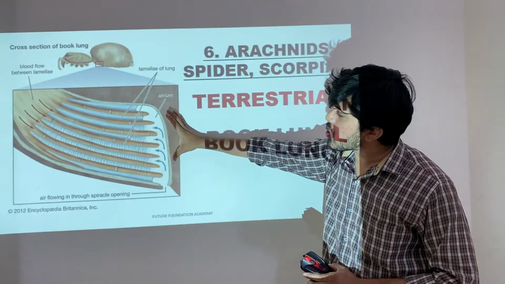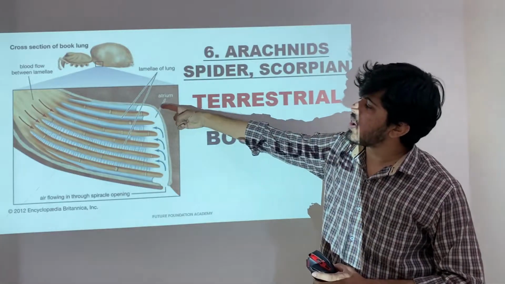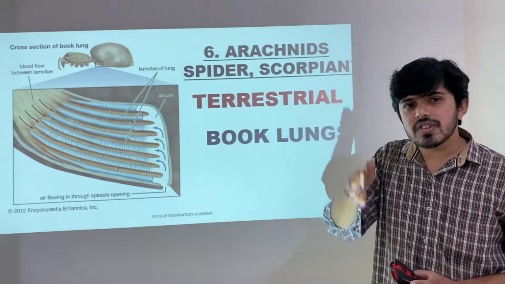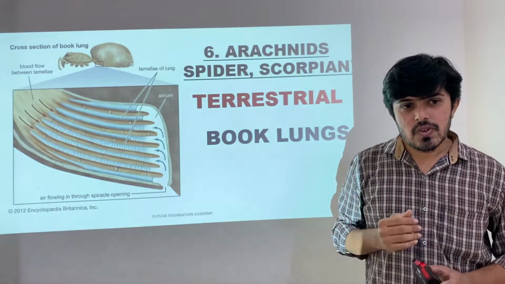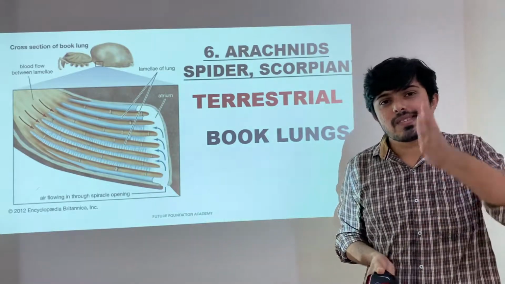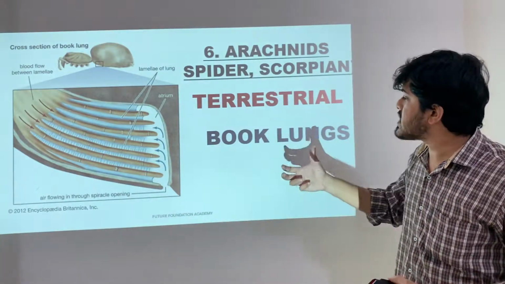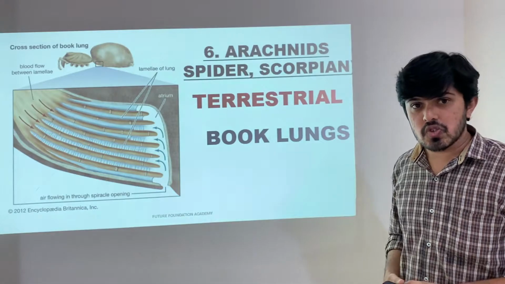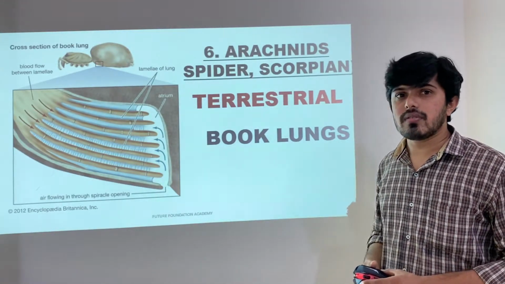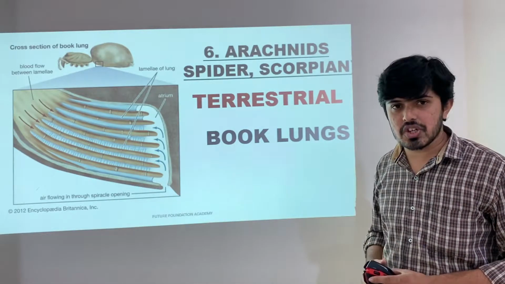I've zoomed in on the book lungs. The internal structure shows tube-like structures, and in each there are thousands of thin page-like structures. So it appears like a book, with various thin filaments, page-like structures, hence the name book lungs. So especially spiders and scorpions show the book lung structure for respiration.